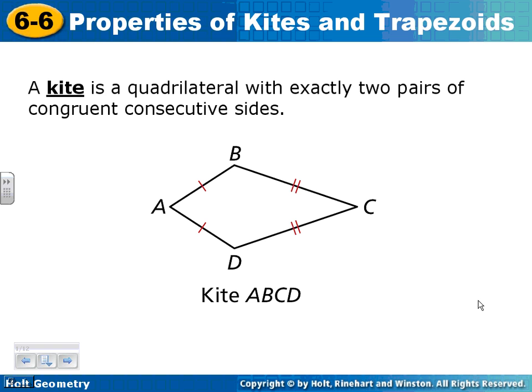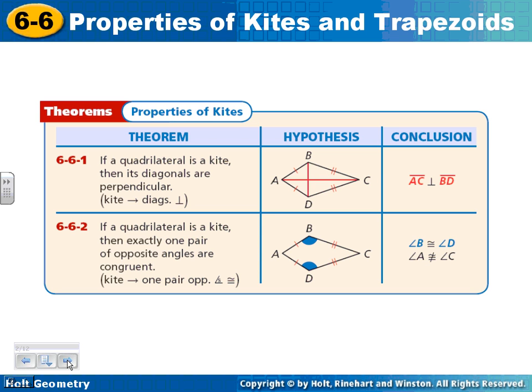Notice the difference of a kite. It's now consecutive instead of opposite. So notice your tick marks. These two sides are congruent, so the two sides on the left and then the two sides over on the right are congruent. Well, we have some theorems that go with kites.